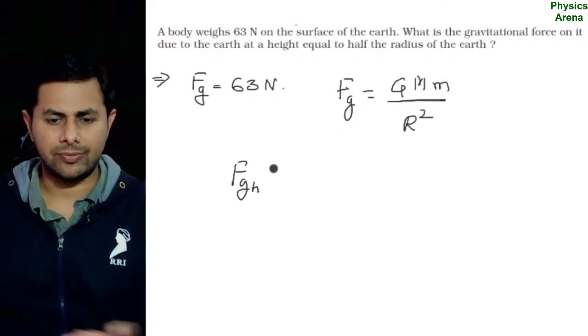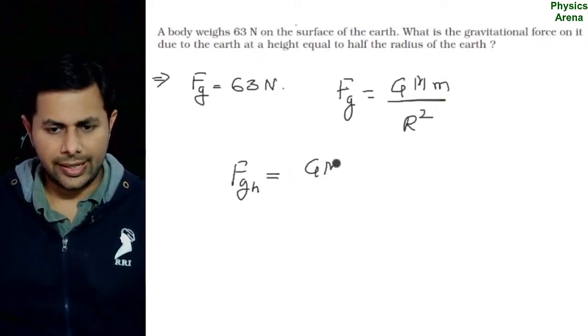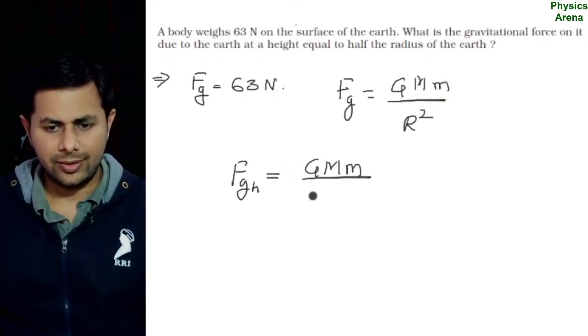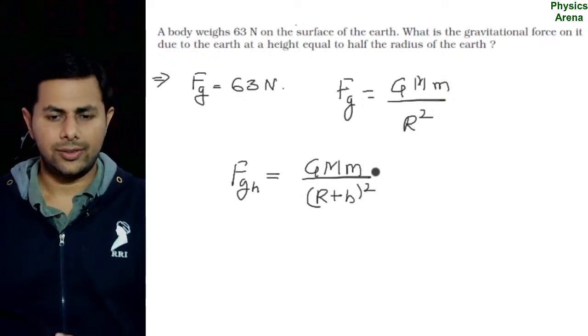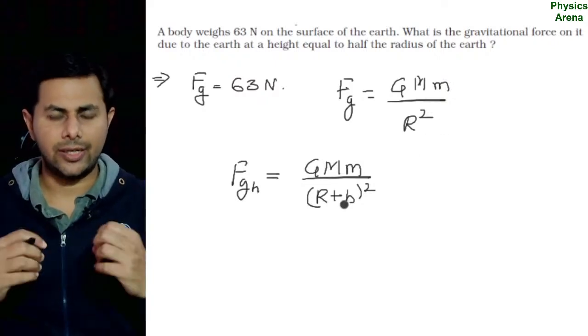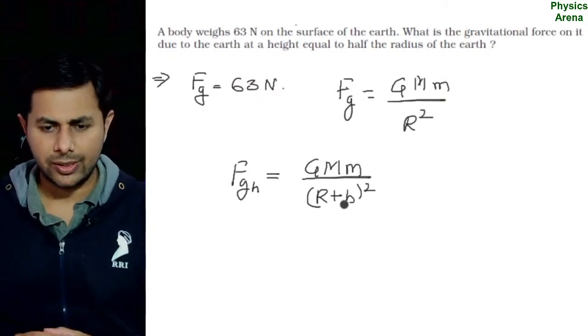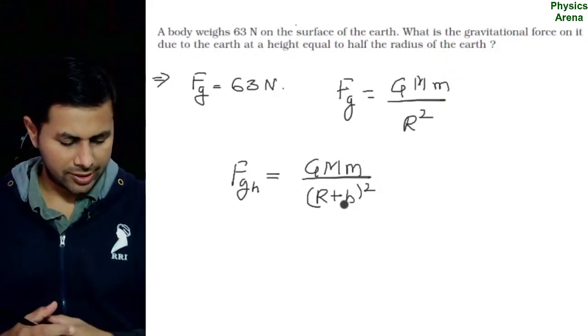Okay, g at some h, so it will be equal to GMm divided by (r plus h) squared. Okay, so this r will change to r plus h. Distance between the Earth center and that object changes to r plus h.